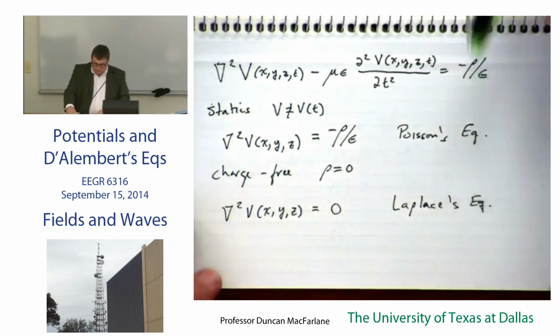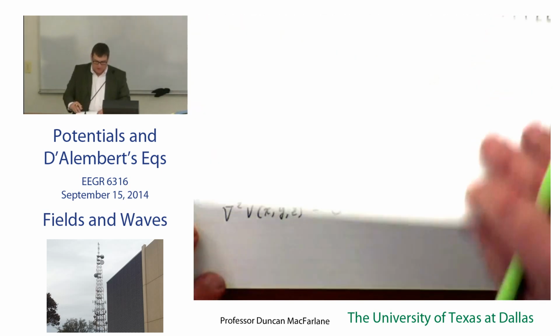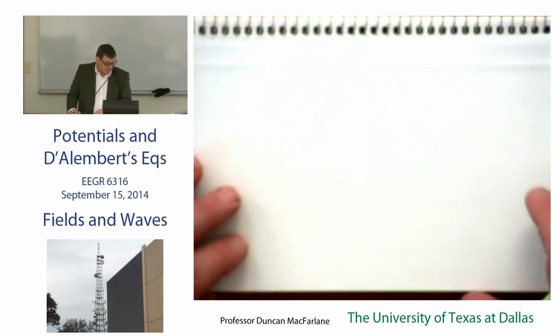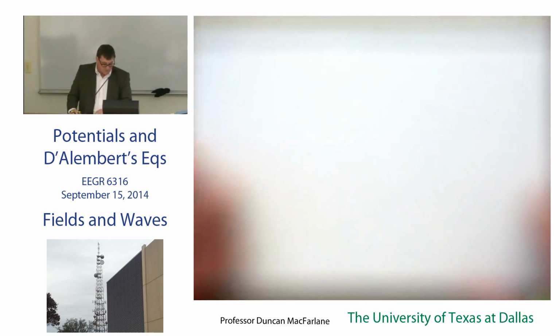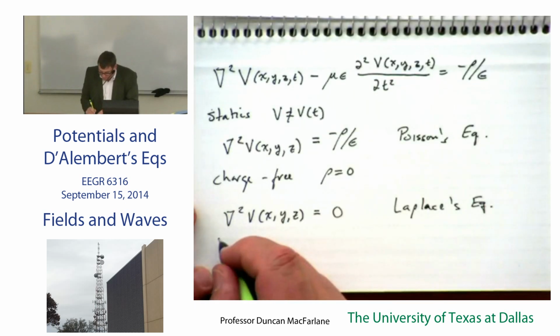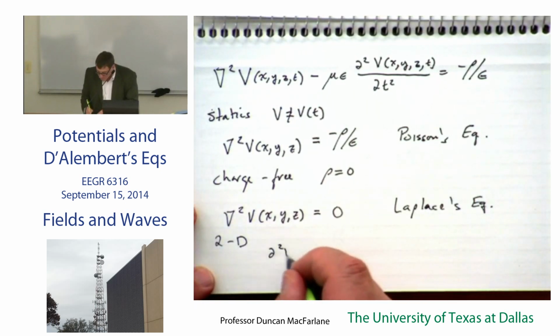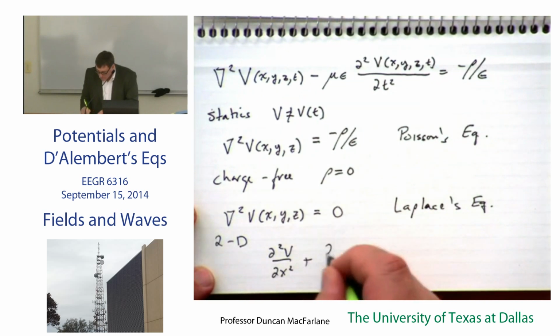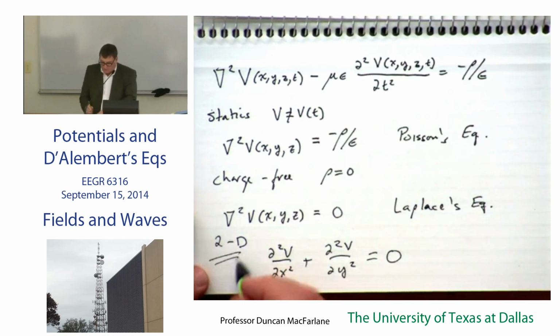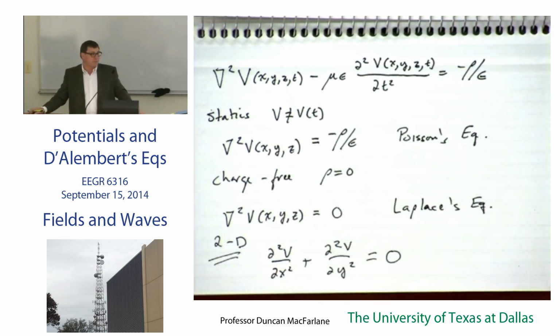All right. Now I want to look at this in a little different way, just for simplicity, just for sketching. I'm just going to consider 2 dimensions. You can write the del squared V over del z squared term, and in fact, everything I do after this, you can just add that term right in.